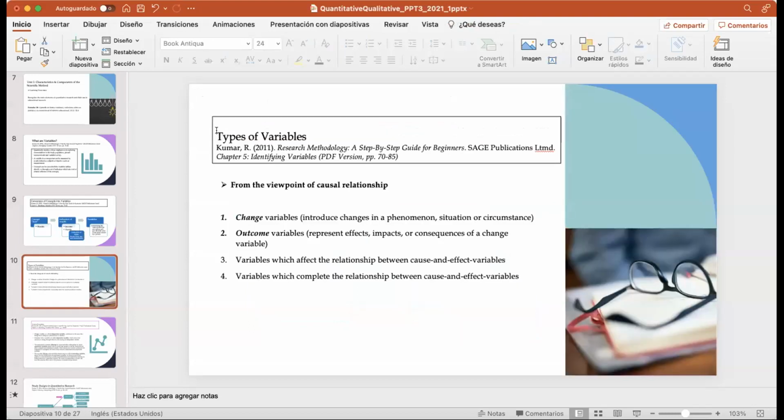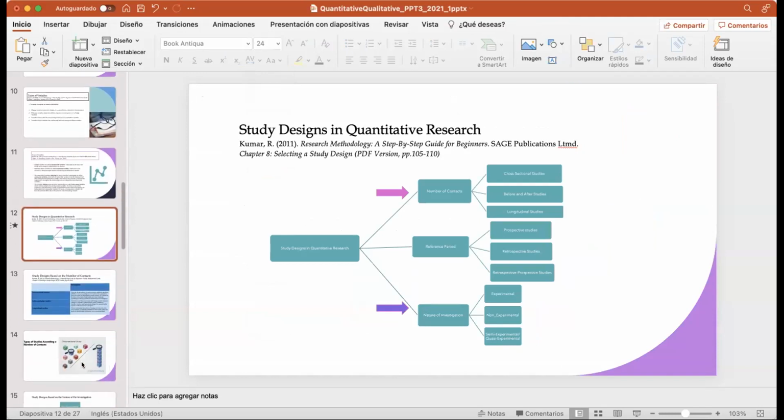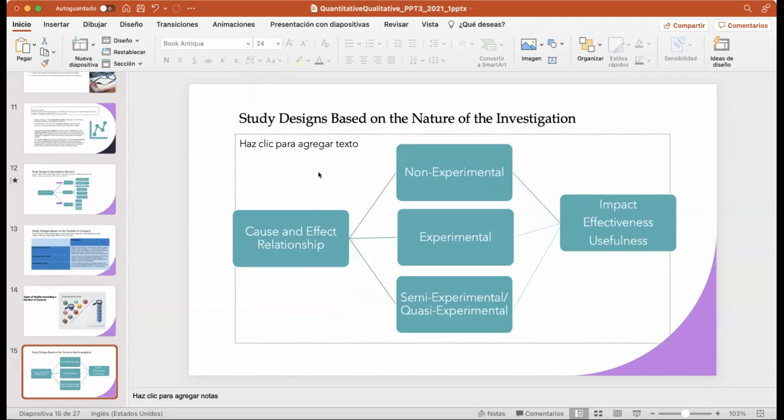Okay, types of variables. And this is something you need to read about the quantitative research designs, because you have, from the viewpoint of causal relationship, something basic, but I am going to show it here. It is a little bit disconnected, but we need that. We need to know that quantitative research designs are based on cause and effect relationship.